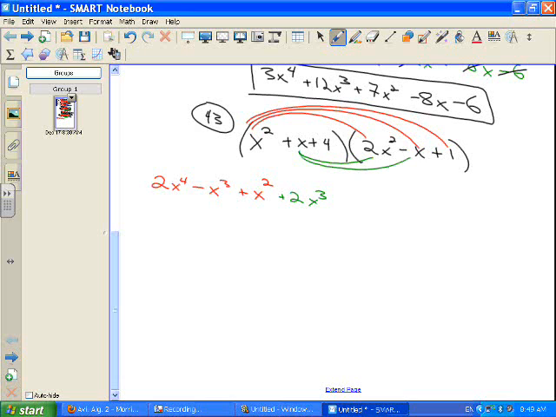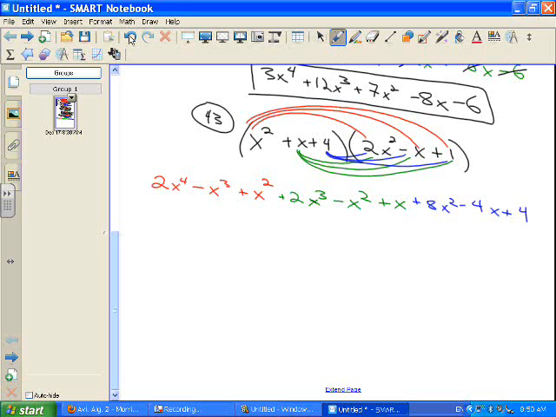X times negative x squared. And 4, nope, what am I doing? I haven't moved on yet. X times 1, just x. And the last one I move on to the 4, so 4 times 2x squared is 8x squared. 4 times negative x is negative 4x. And 4 times 1 is 4.